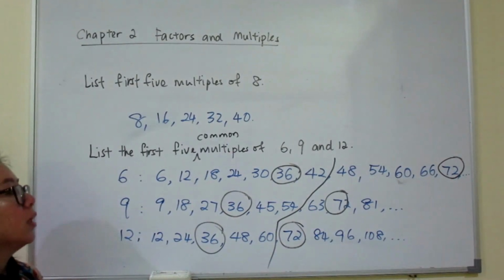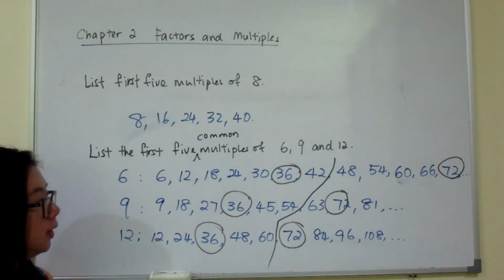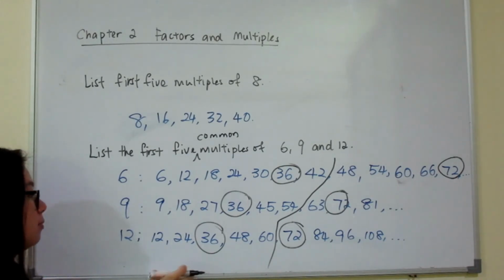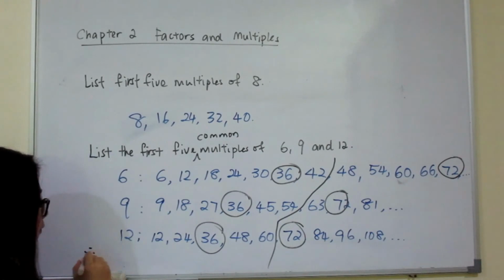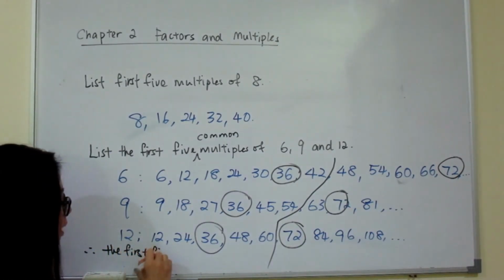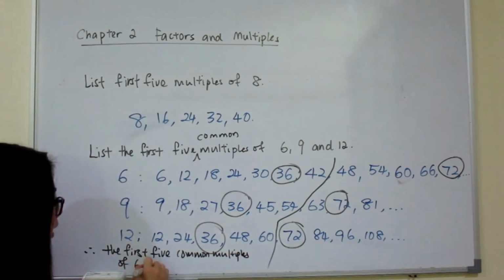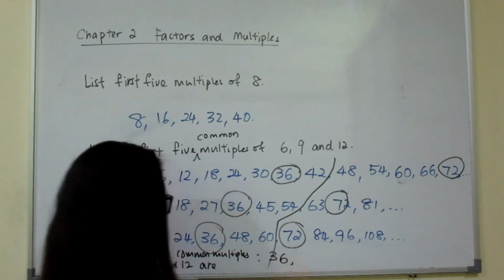So here, we already identified the first common multiple. They need 5. So this is the trick. Once you get the first common multiple, we can write it down. Therefore, the first 5 common multiples of 6, 9, and 12 are, the first one is 36.